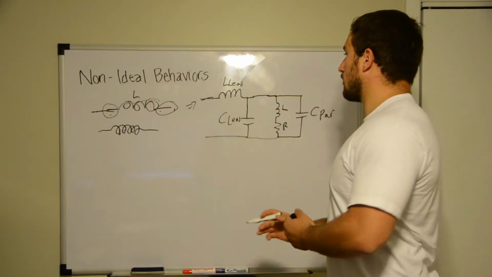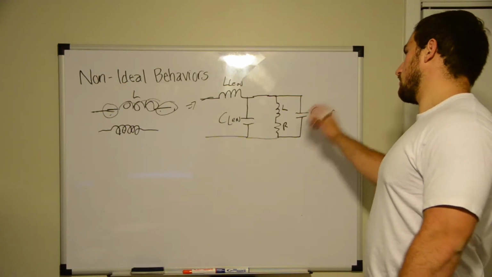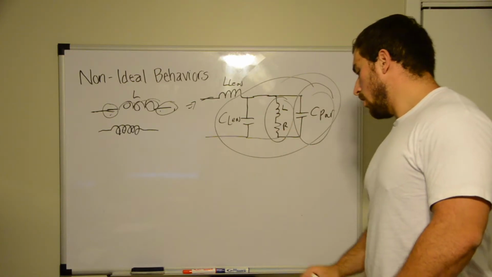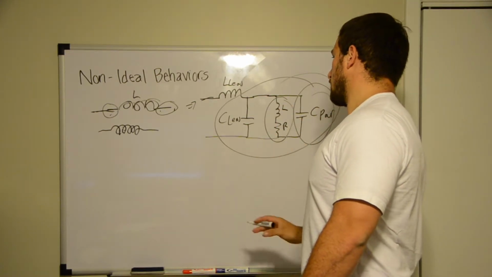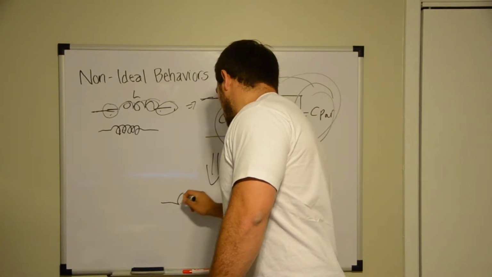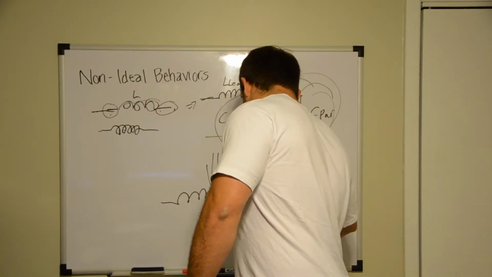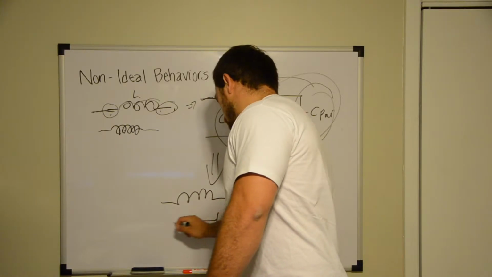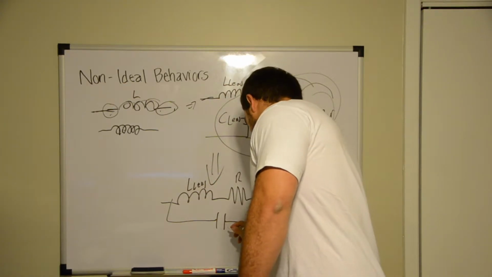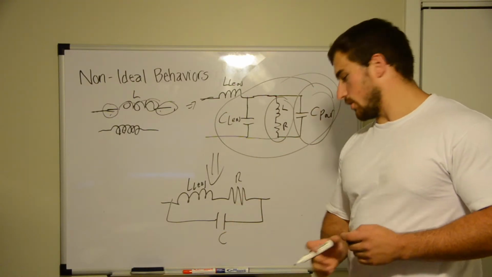So from a simple inductor, we get this fairly complex model, and using some circuit theory, with these in series and these in parallel, we can draw a simpler circuit. So right here is just the more simplified version of the equivalent circuit.